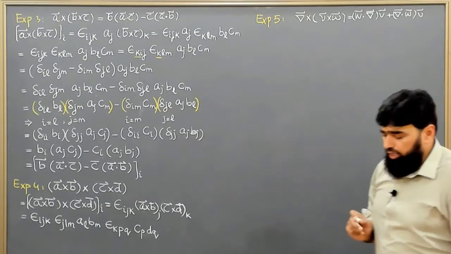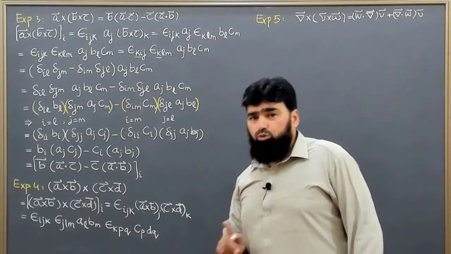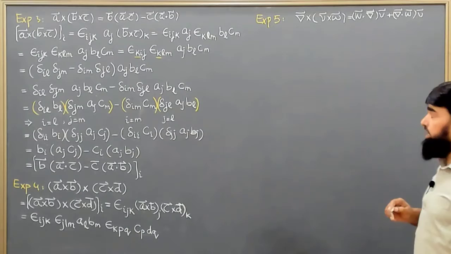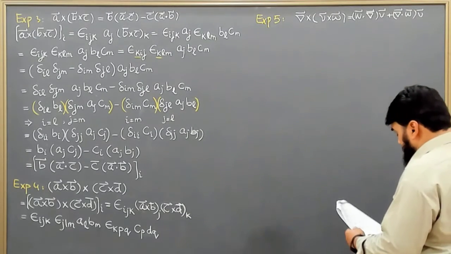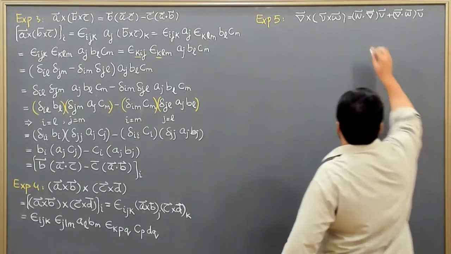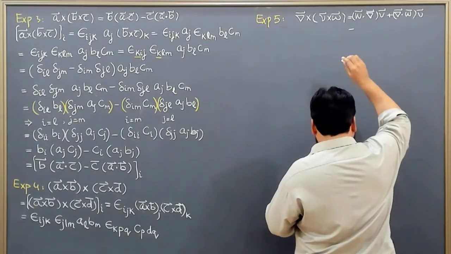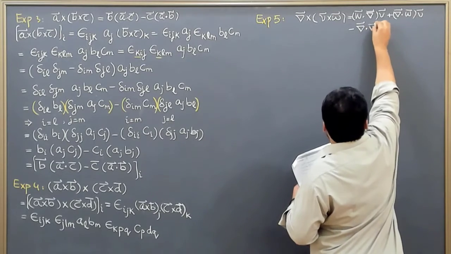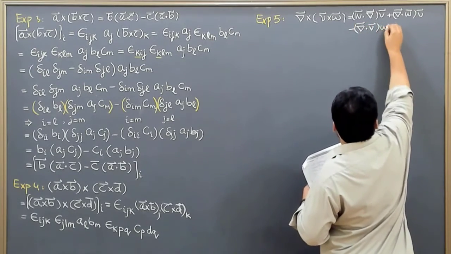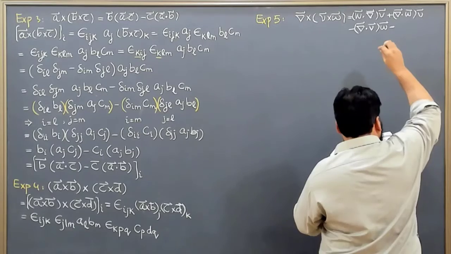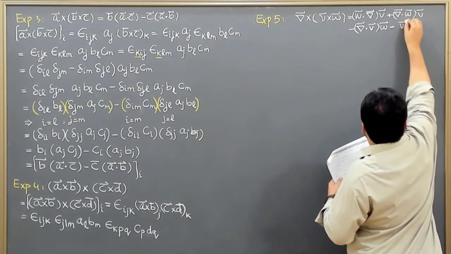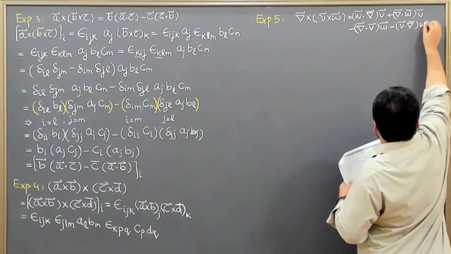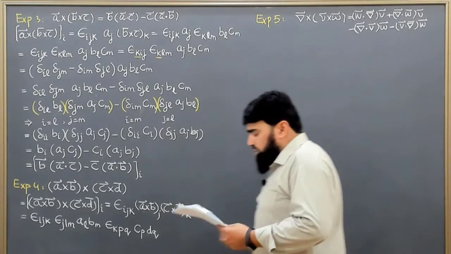Although dot product is commutative, these are not two vectors. This is actually a differential, and it does matter here which one you write first. And then minus del dot V in the direction of W minus V dot del in the direction of W. This is equal to this.